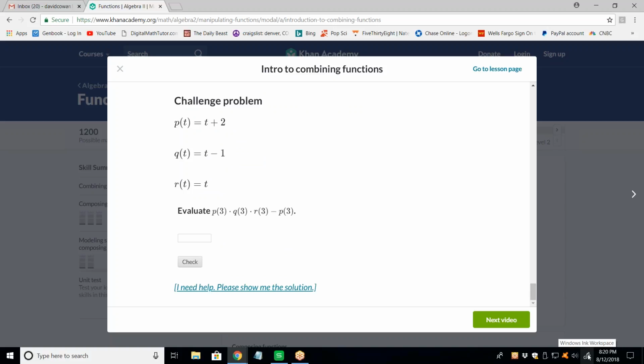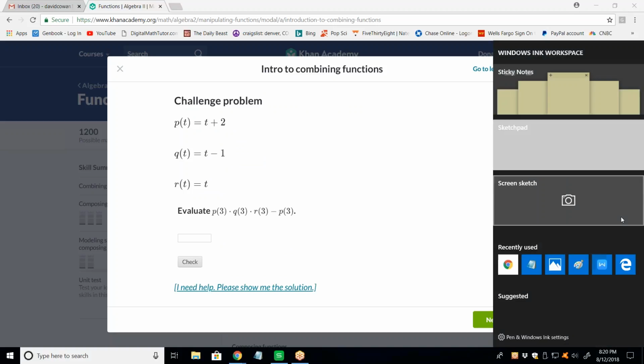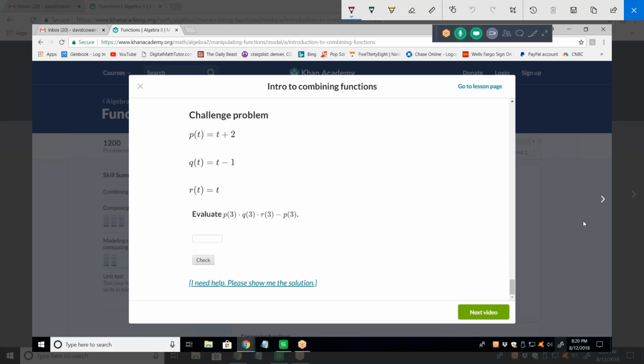Okay, so here, let me first of all bring this up so I can write. I'm going to have you give me the answers. What is P of 3? P of 3 would be 5. What is Q of 3? Q of 3 would be 2.